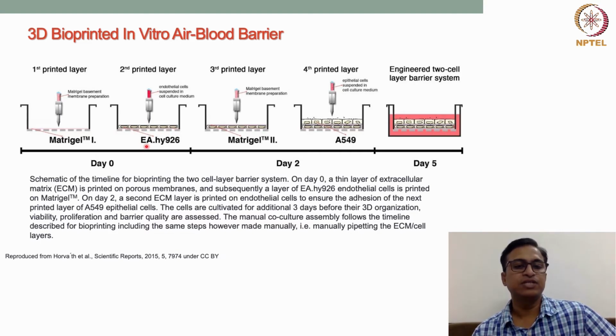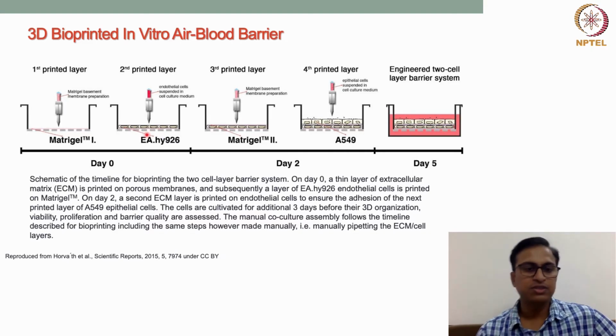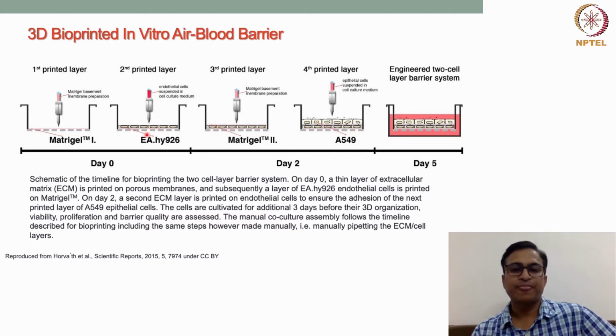Here they used EA.HY926, an endothelial cell line. That is the second layer printed, and then they gave a gap of 2 days for these endothelial cells to settle down on the matrix.